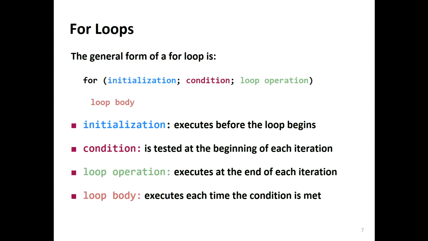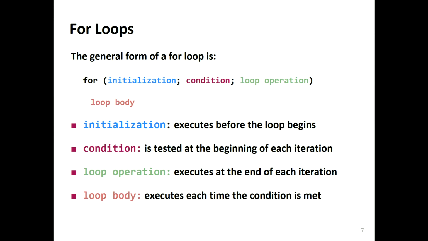A for loop consists of four parts. You have the for, and right after the for text, you have the initialization statements, the condition, and the loop operation, and then the loop body. We're going to approach this by assuming that everybody here understands C. Initialization executes something before the loop begins.